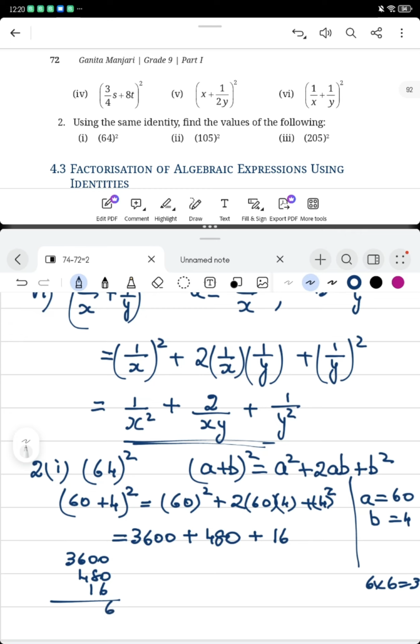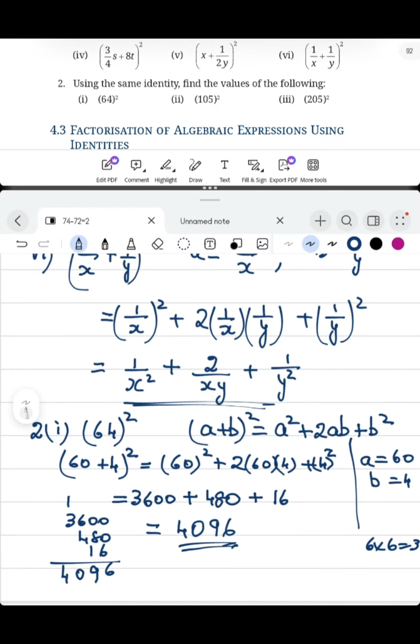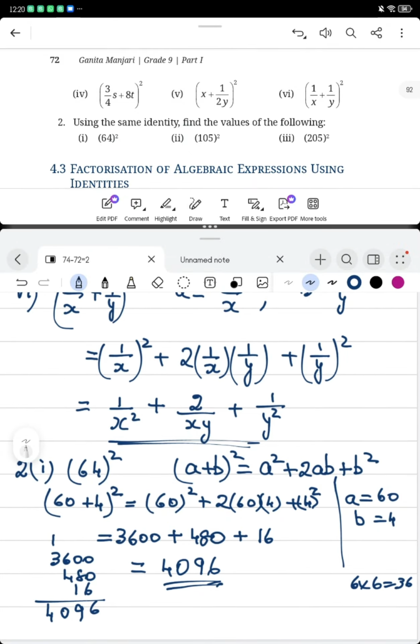So this becomes 6, 9, this is 10, so we just take this, carry the one, and 4096 is your answer. If you check using your calculator, you will get the same answer, but do not write the answer using the calculator. You have to use this identity and do the calculation in this way.